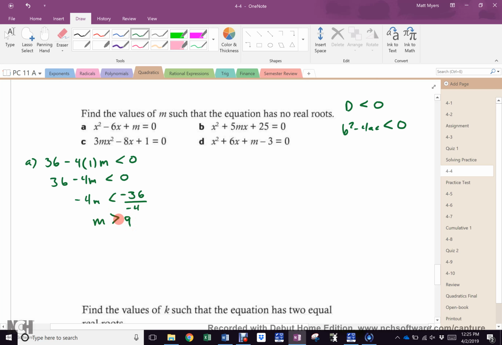Now, can we check that? Sure we can. We come back to our discriminant. If M is 10, 36 minus 4 times 10 is 36 minus 40. Is that less than 0? Is it? So we know we did it right.